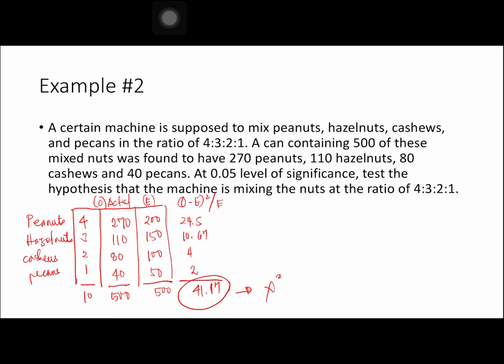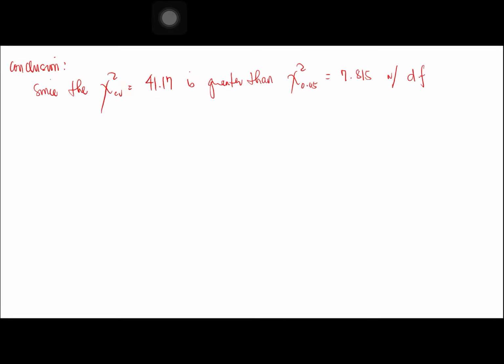So for our conclusion, since the chi-square computed value of 41.17 is greater than chi-square at 0.05, which is equal to, again, we have 4 groups, that is 7.815, with our degrees of freedom equal to 3, we can reject our null hypothesis.